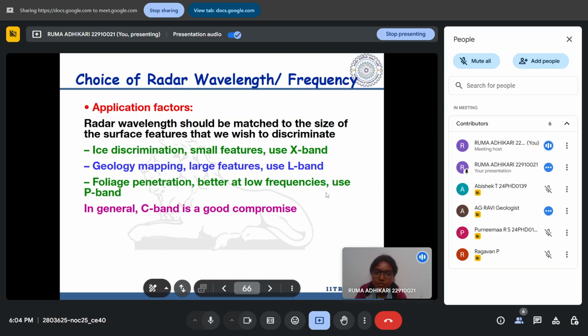Geology mapping, large features, use L band. Foliage penetration is better at lower frequency, use P band. So in general C band is a good compromise. Somewhat an average result you will get with C band, that is Sentinel-1 data, and it is open source.